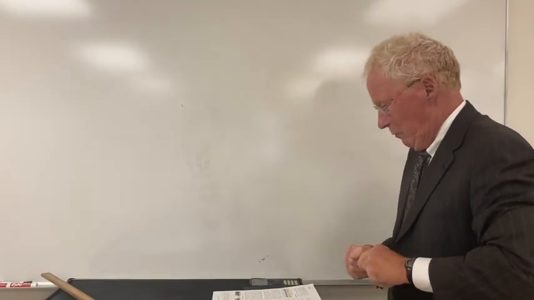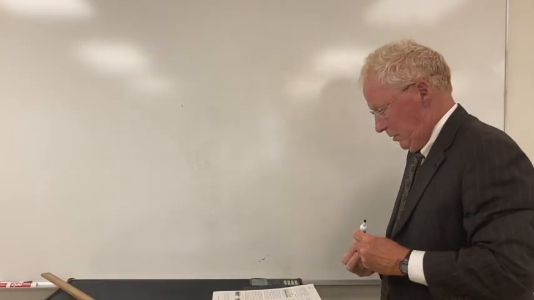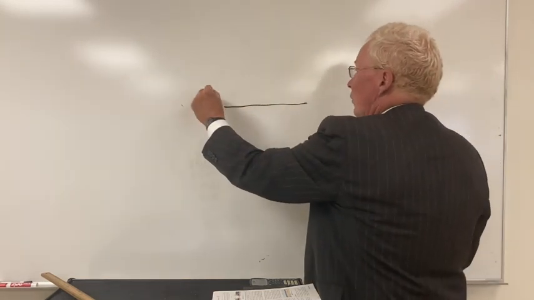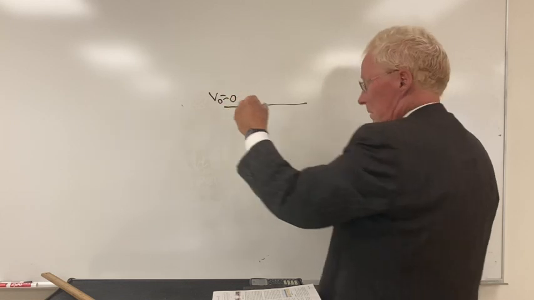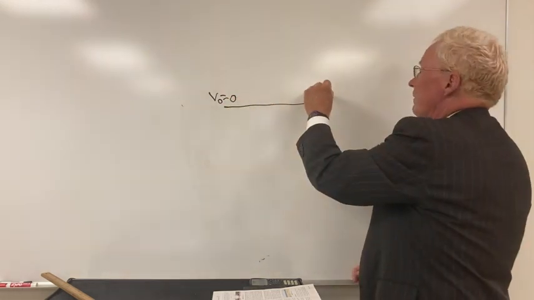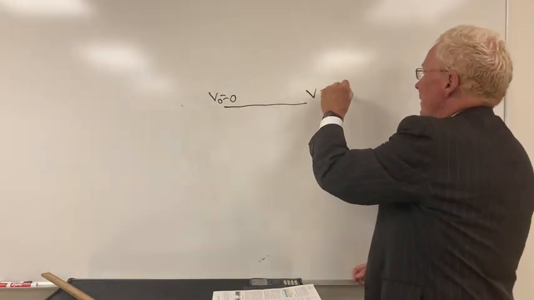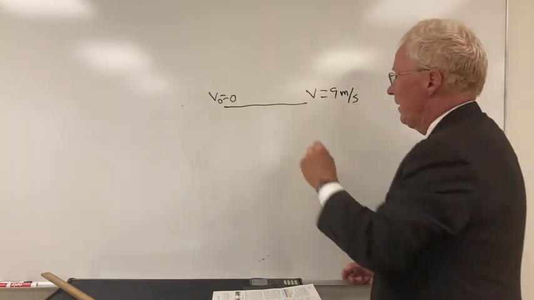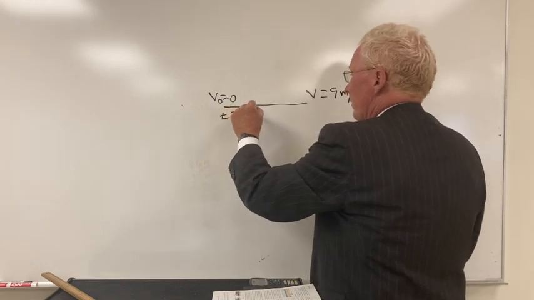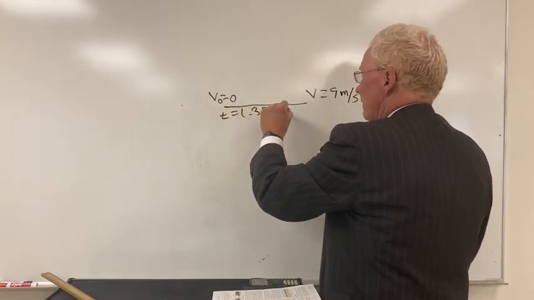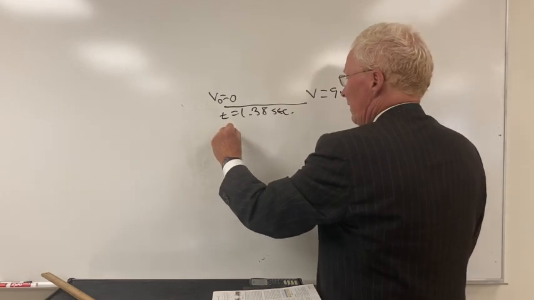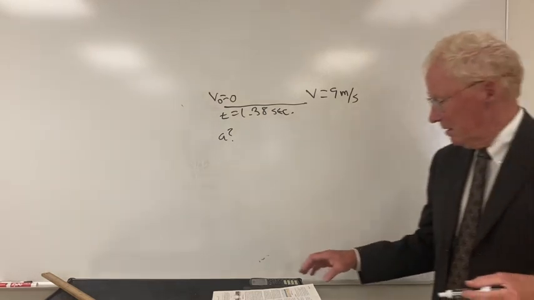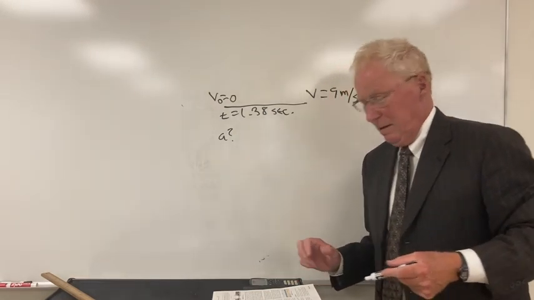And I'll write down what we have here. So, goes from rest. So V naught is 0. And V final, V is 9 meters per second. And time is 1.38 seconds. All right, so what we want to do is find the acceleration. All right, we go back to our equations, and what do we know here?